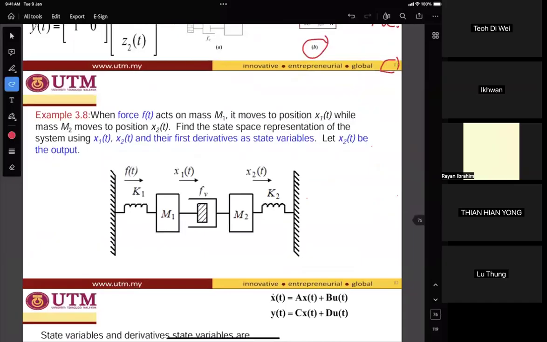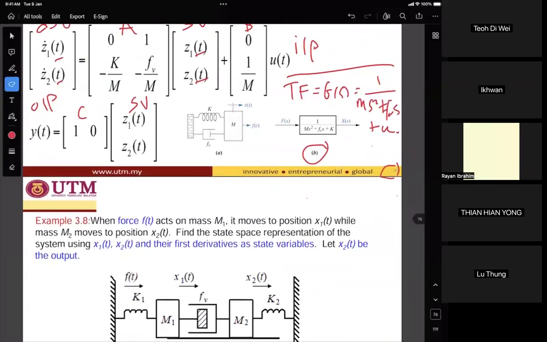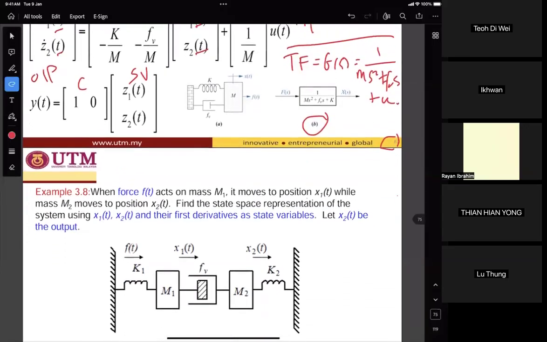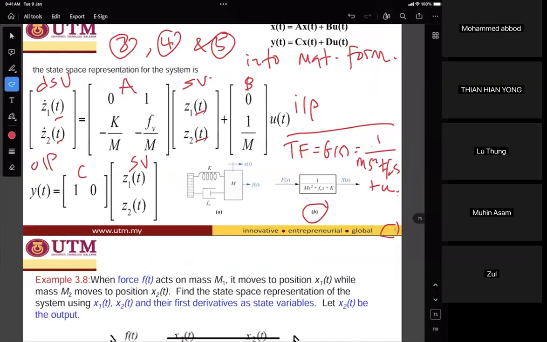What is the difference between state space representation and transfer function modeling? Sorry, doctor, I'm not sure.